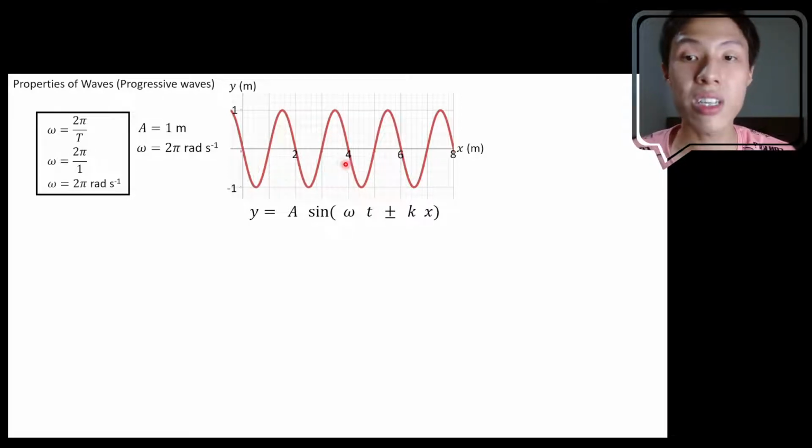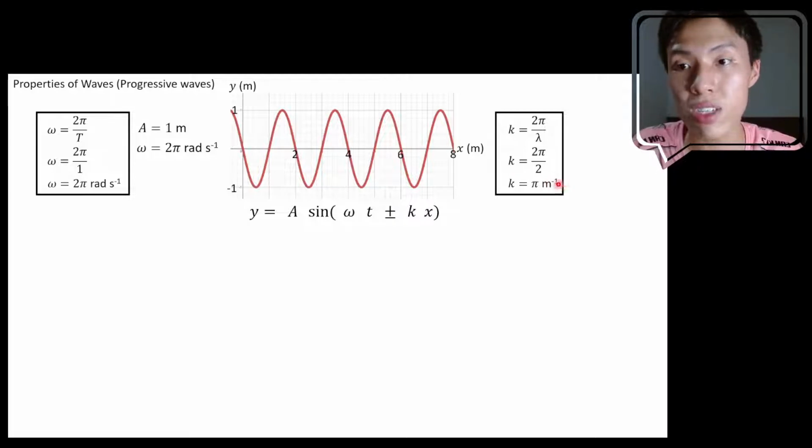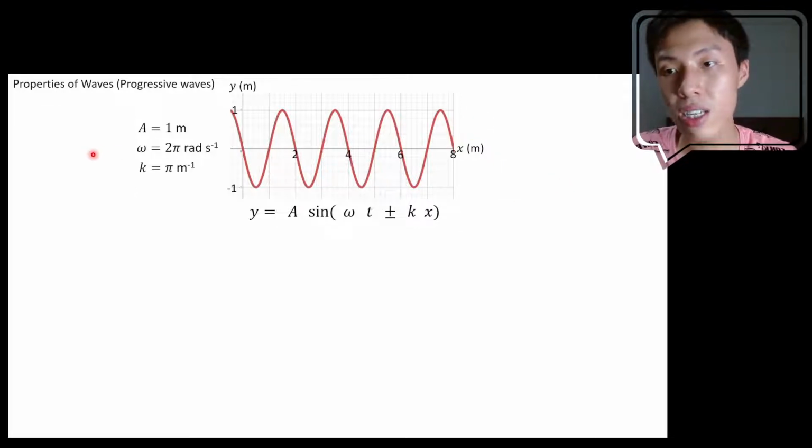If you measure it, the distance is 2 meters. So you can substitute lambda to be 2, and the wave number is pi per meter. The unit for wave number is per meter or per centimeter, depending on your x-axis. Therefore, the wave number is pi per meter.